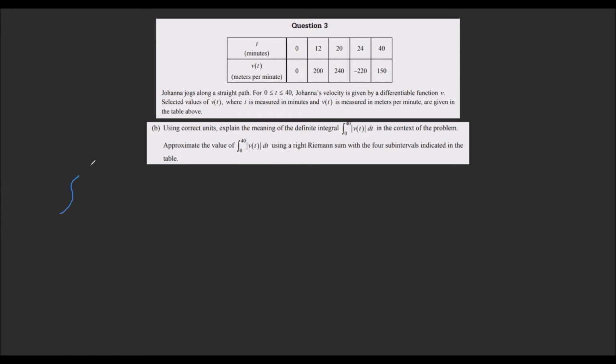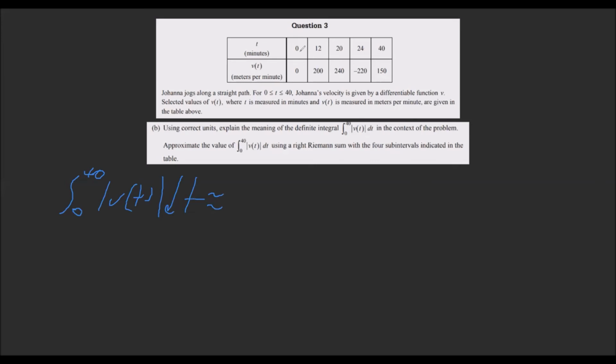So we'll say that the integral from 0 to 40 of the absolute value of v dt is approximately equal to, and now we have to come up with this actual problem, a right Riemann sum. So we're going to use the 4 subintervals indicated in the table, which are 0, 12, 20, 24, and 40.